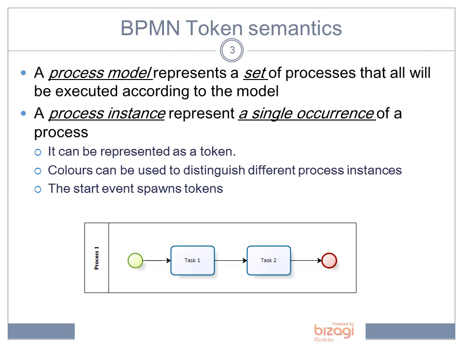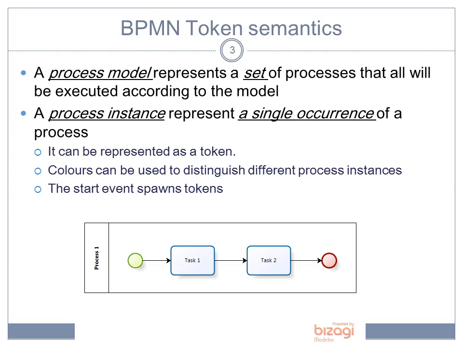So for example, suppose that you describe the procedure to apply for a master program at a university. This procedure can be documented as a process model, so you can document it as a BPMN diagram. Every individual application that occurs then is a process instance and is in fact a single occurrence of the application process.